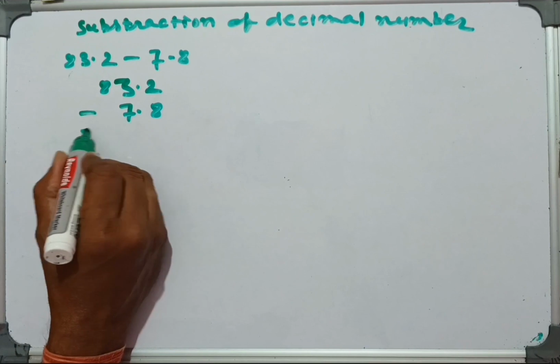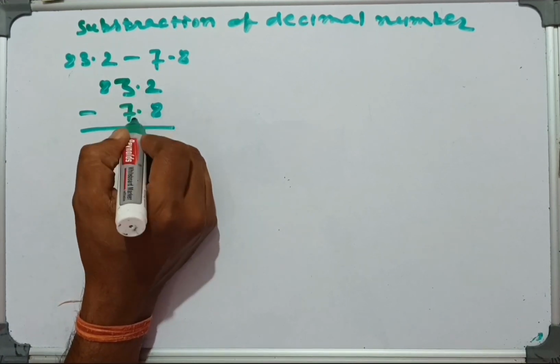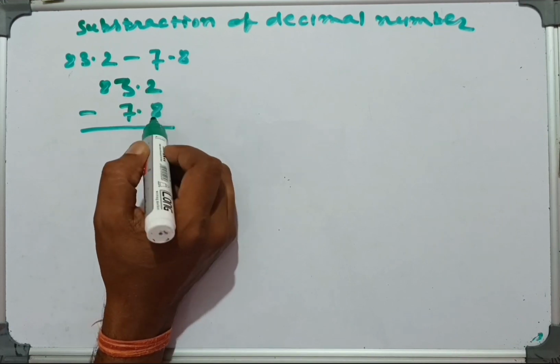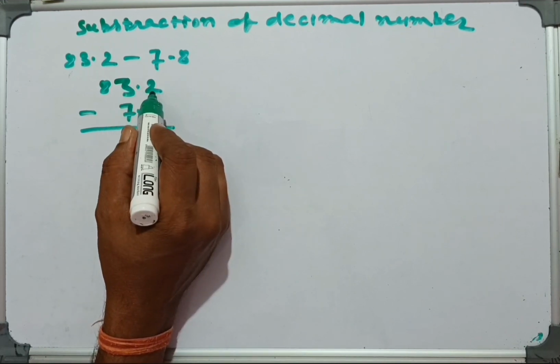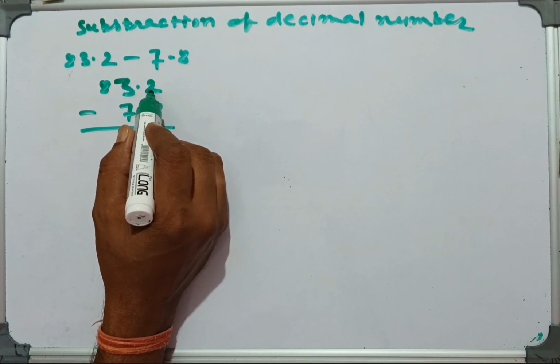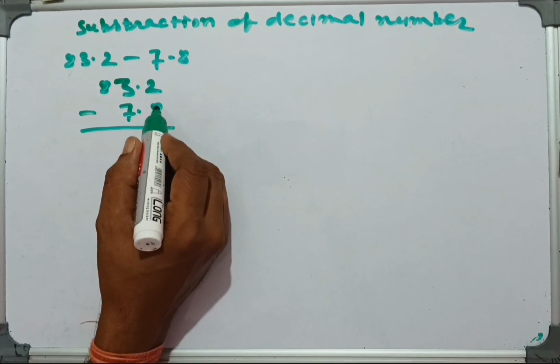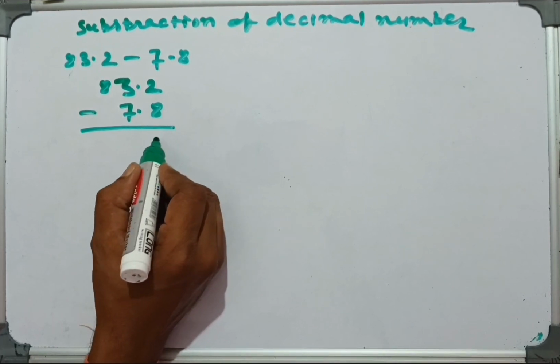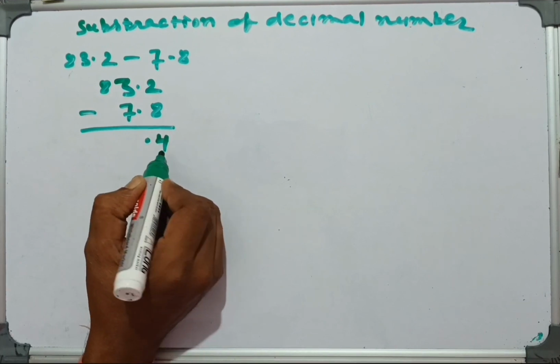What we have to remember is that the dot must come in the same column. 2 is less than 8, so 3 will give a 1 carry to 2, then 2 becomes 12. 12 minus 8 equals 4.